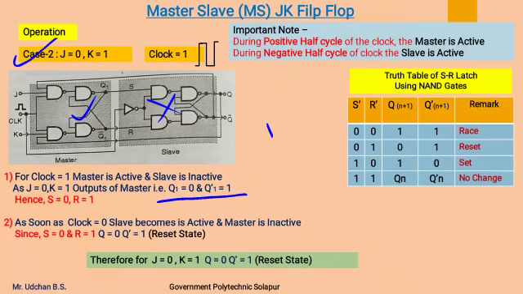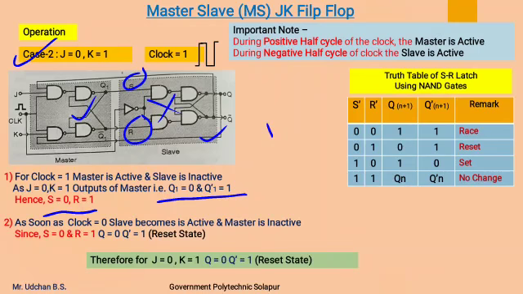That is, the master gets reset, by which S equals 0 and R equals 1, which are the inputs of the slave SR flip-flop.